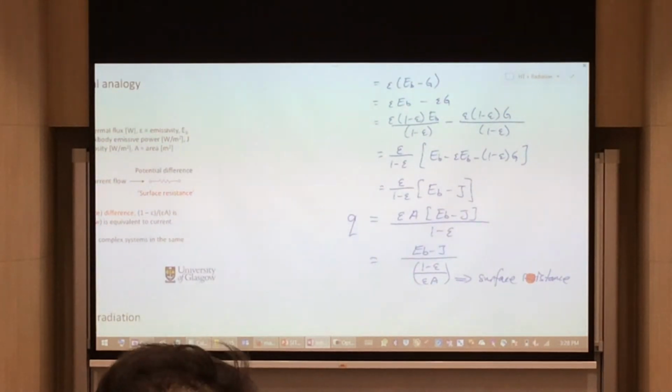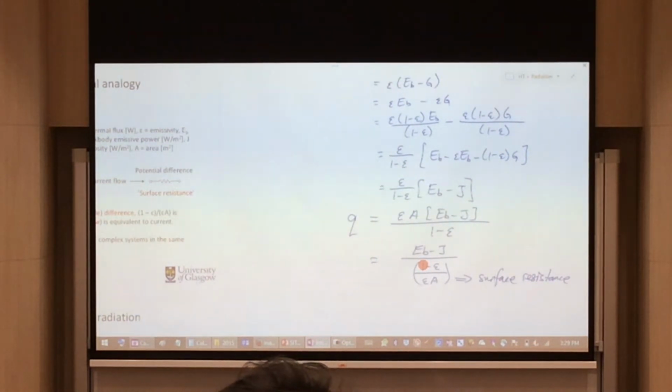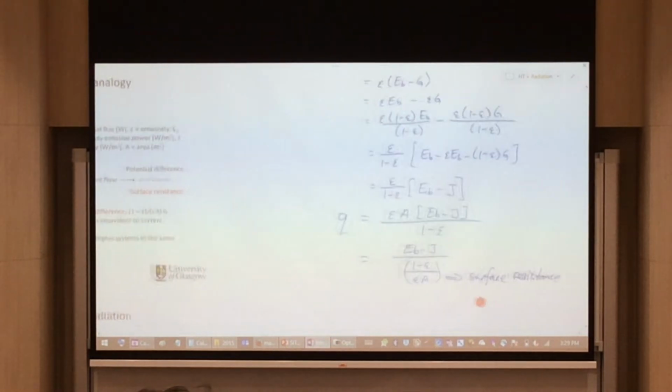Because that surface would have a certain emissivity value that's given by epsilon. So that surface, which is a real surface, would have a certain emissivity, and we take note of that emissivity of that surface and say that it has a certain surface resistance if it wants to emit radiative heat. Okay? So that's the meaning of this surface resistance over here.